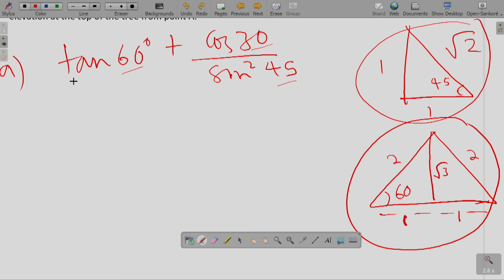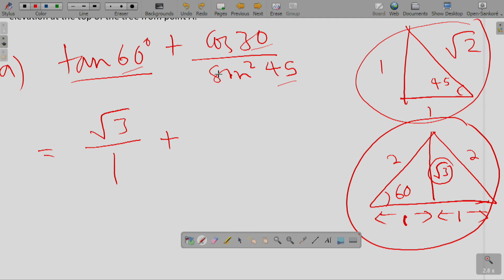So here we have tan of 60. We know that tan is equal to opposite over adjacent. So tan of 60 is equal to square root of 3 over 1 plus cos of 30.